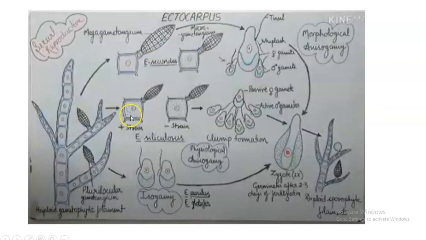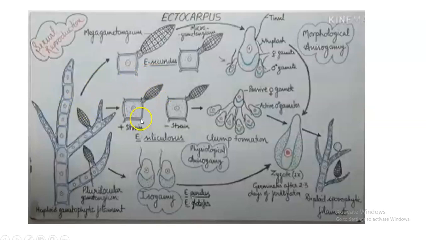Now coming to physiological anisogamy. Physiological anisogamy means they are morphologically similar, because the gametangium size is similar in both the strains, but physiologically dissimilar.